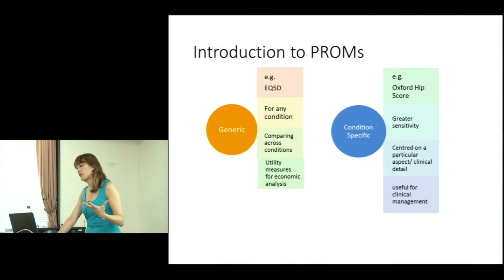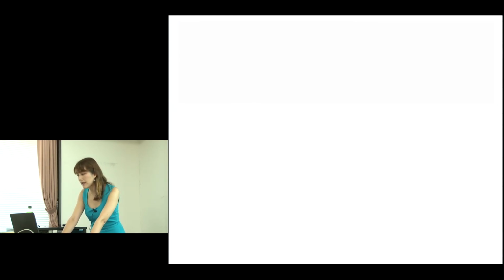One of the limitations and sometimes criticisms of generic PROMs is that usually it's not sensitive enough or there's a ceiling effect, etc. But condition-specific PROMs are much more helpful for the clinician because they focus on measuring a particular aspect of health and make it much easier to understand the clinical management. A common one that the PROMs program uses, for example, is the Oxford Hip Score for hip arthroplasty, and the Oxford Knee Score, and you might have used some of your own in your own research in specific disease areas.